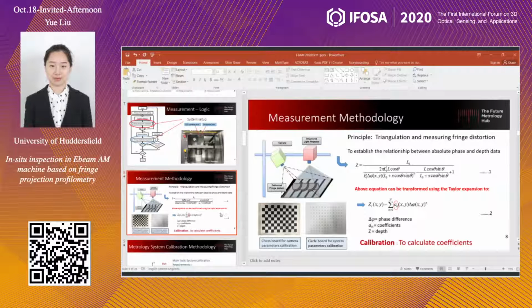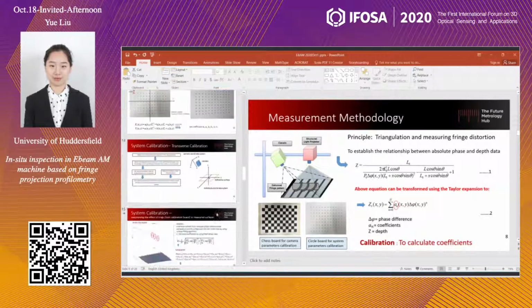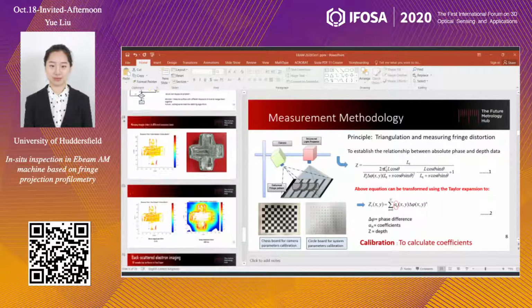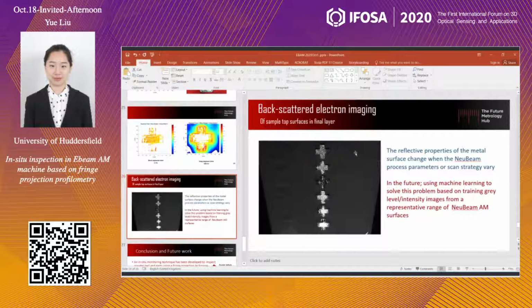And in the next step, we need to solve some reflective surface, like this, because when we use different power sources to melt the powder bed, the reflective rate of the surface will change. So next step, we need to solve this problem. Okay, thanks again.